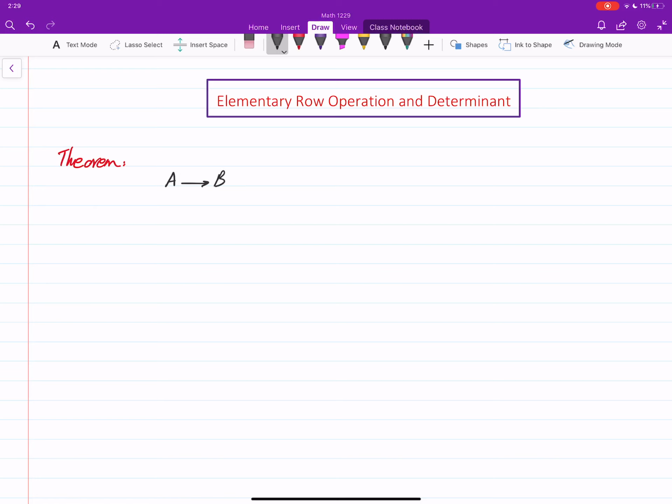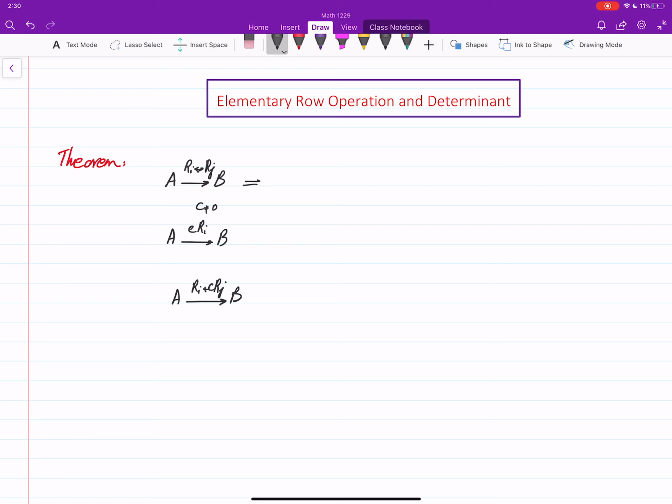We interchange two different rows. We multiply a row by a non-zero constant, so C is non-zero, or we add a multiple of a row to another row.